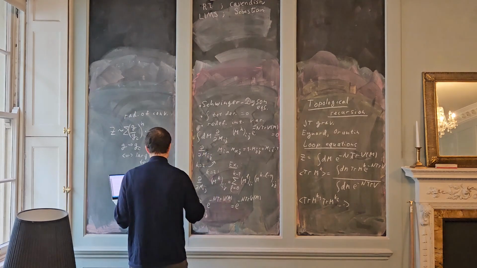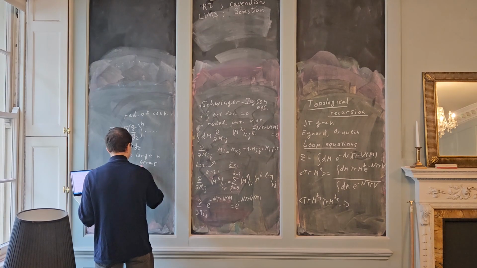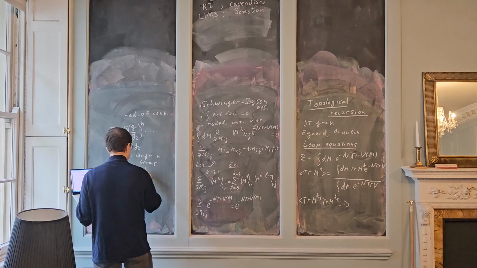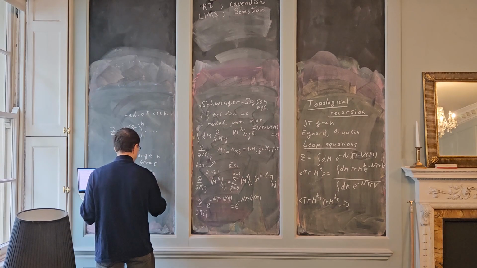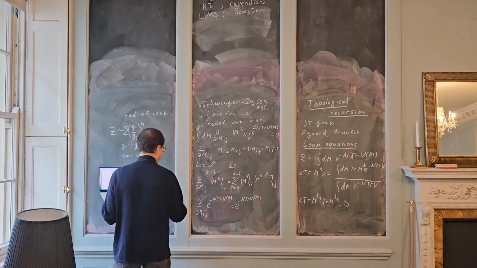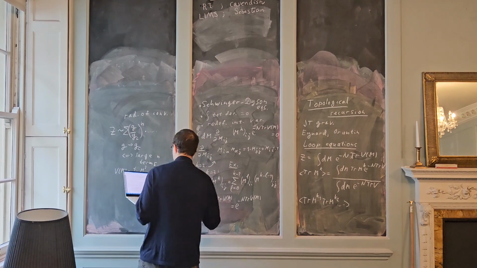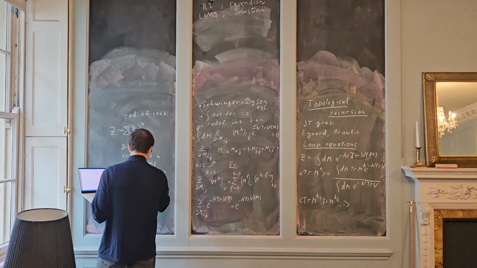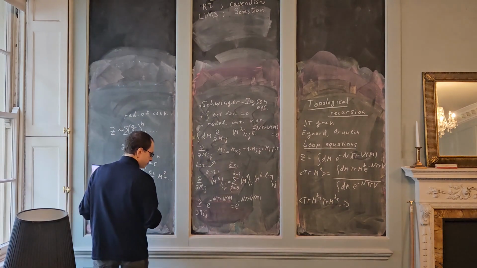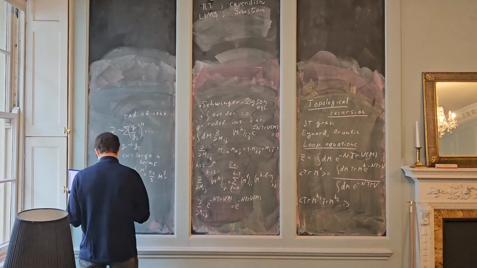So V of M is just some function like t2 M squared plus t3 over 3 M cubed and so on. So how to compute the derivative of such a function with respect to one matrix element? Well, for instance, M squared, and then we take the trace.